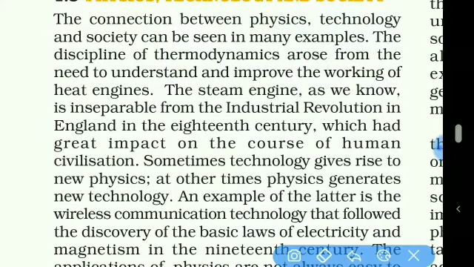Here an example of the steam engine is given. In earlier times, people used their muscle power or animal power for transportation. But after the invention of the steam engine, the work is done with the help of machines. Now animals are not used, and even human muscle power is not used.